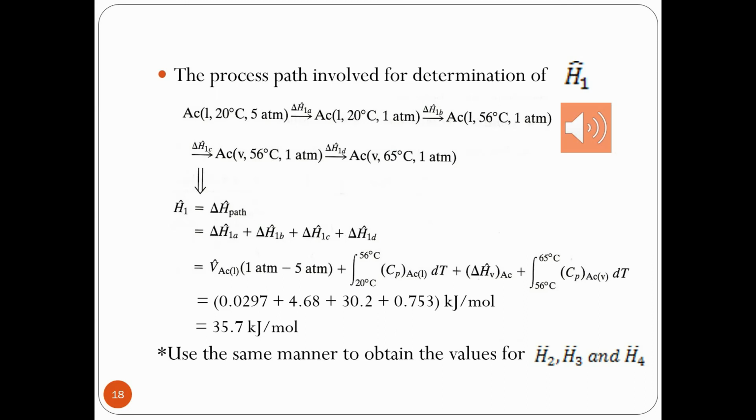35 kilojoule per mole. So later you need to use the same manner that you used to calculate this specific enthalpy 1 for the other values of H2, H3 and H4. I hope we can do it. Try to do it step by step, okay? Make sure you understand.